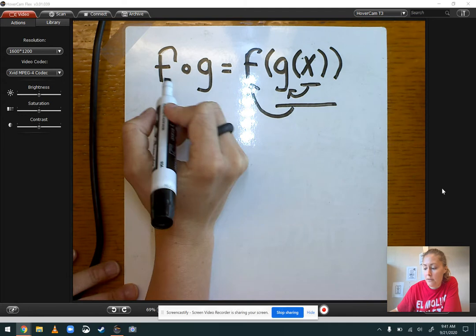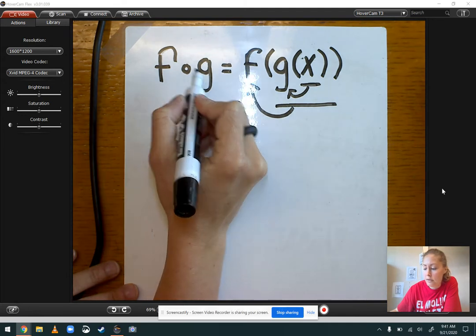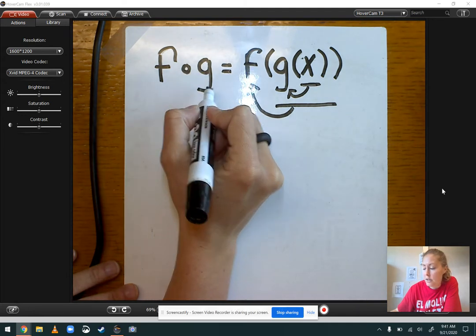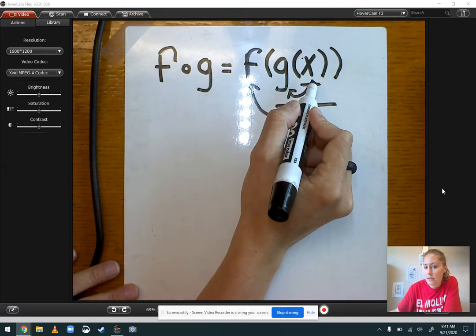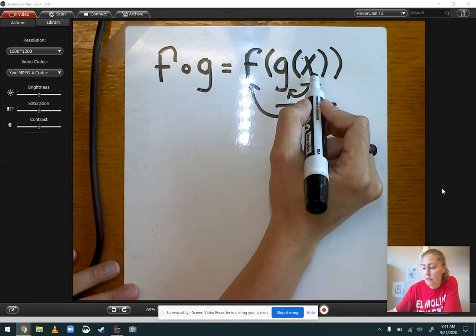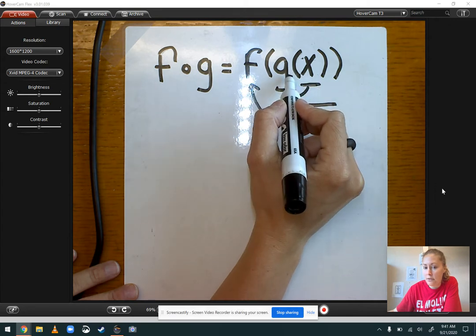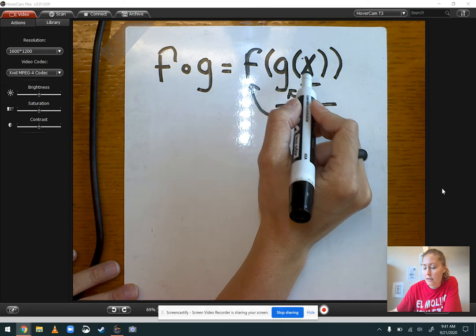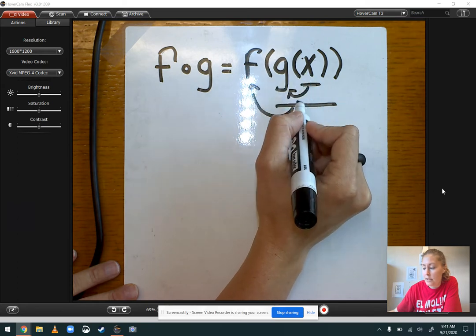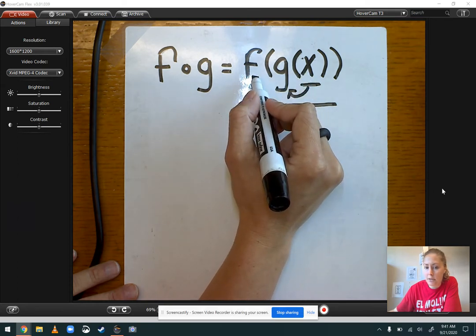So again, f circle g is equal to f of g of x. We take the x value, plug it into the x of g, find what that value is, then plug that value into the x of the f function.